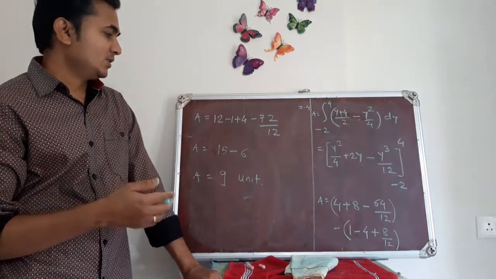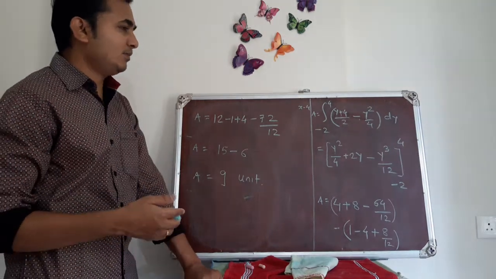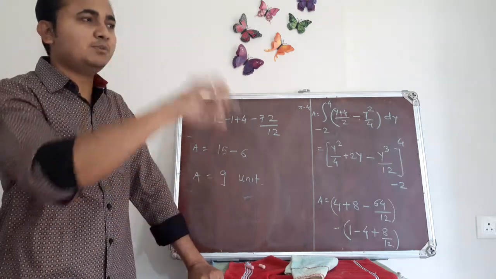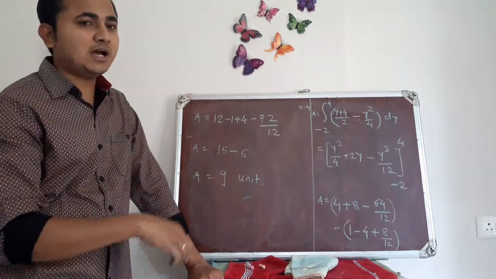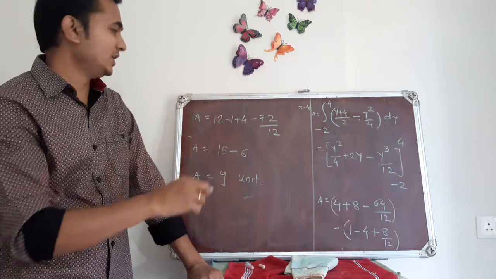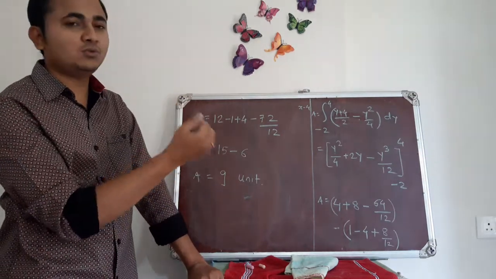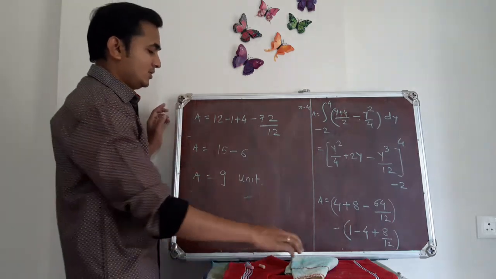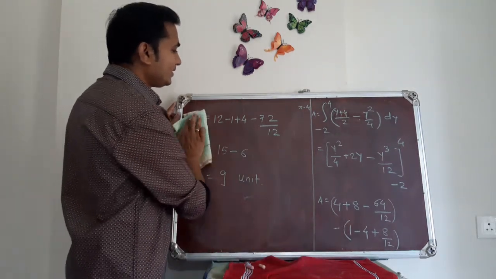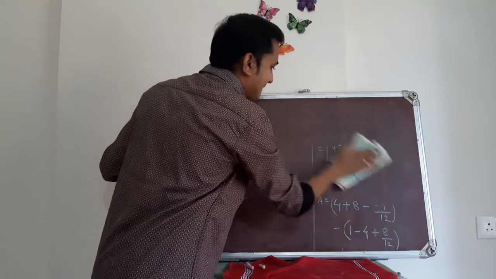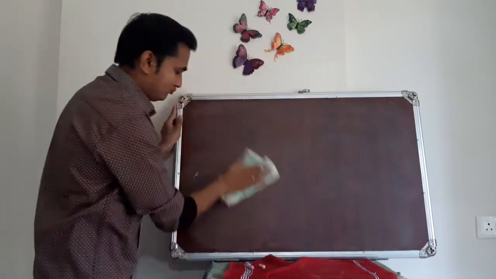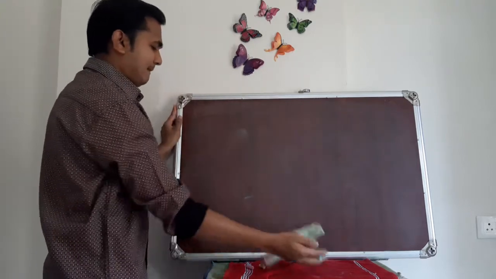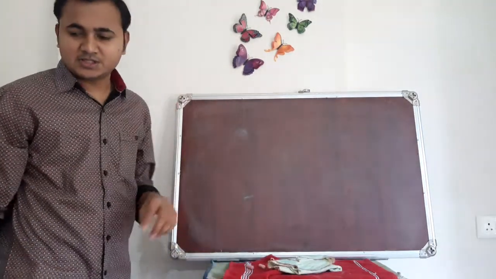And once you find limits of x in terms of y, you vary this strip along y axis. So limits of y will be constants. In this case it was -2 to 4, and do that integration accordingly. So with this, this example ends.